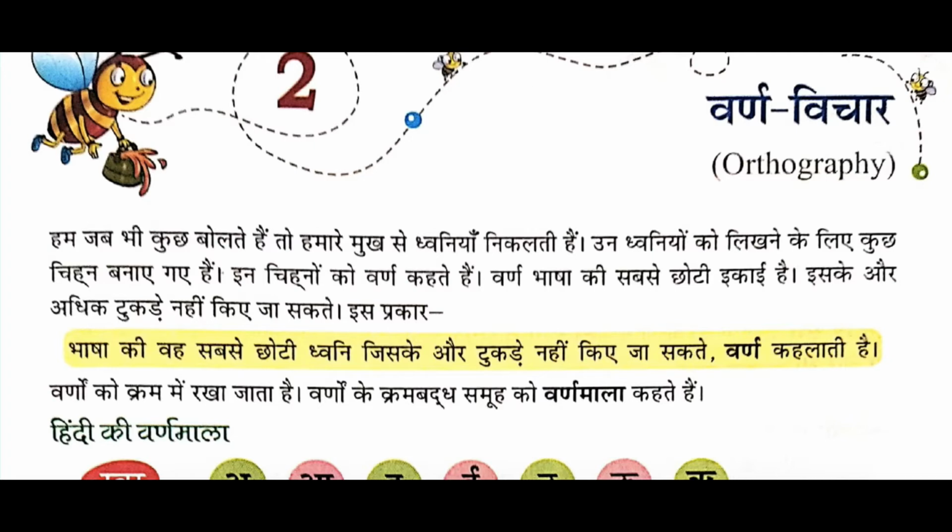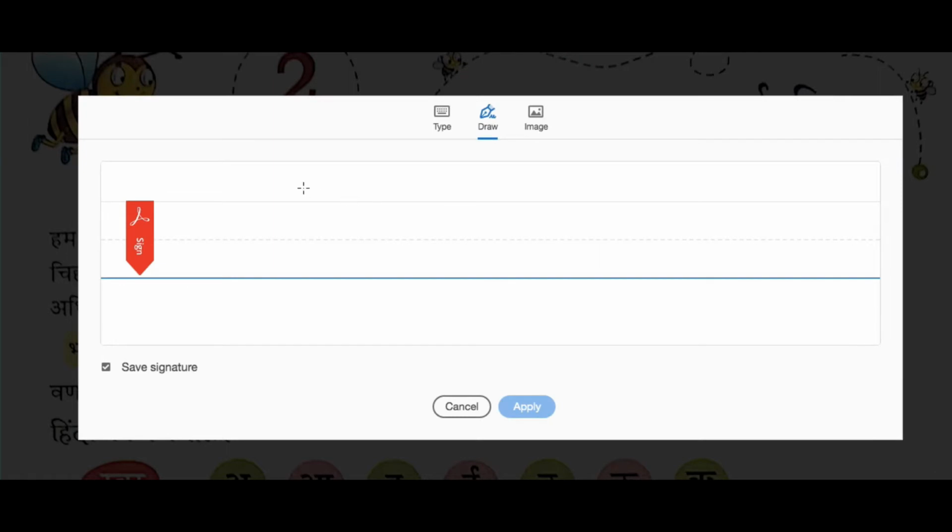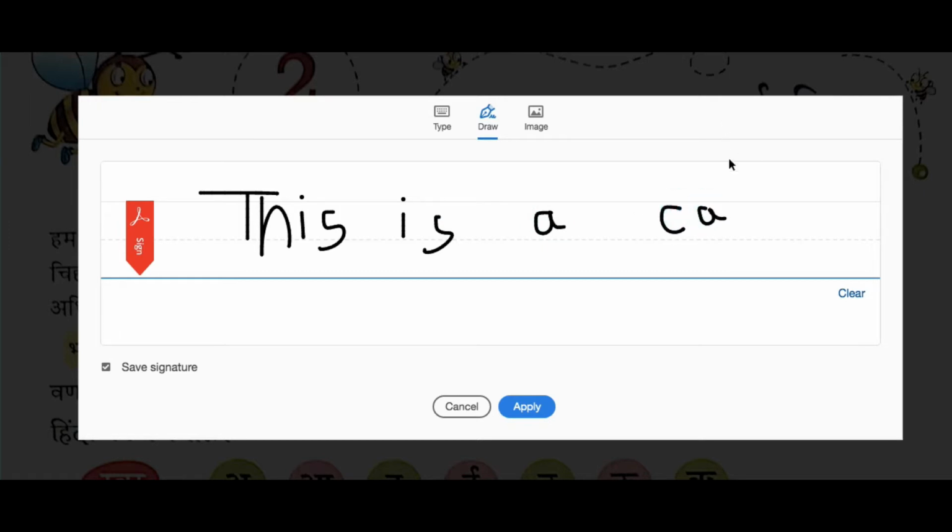For example, suppose first we know this: this is a cat. In English, this is a sentence.